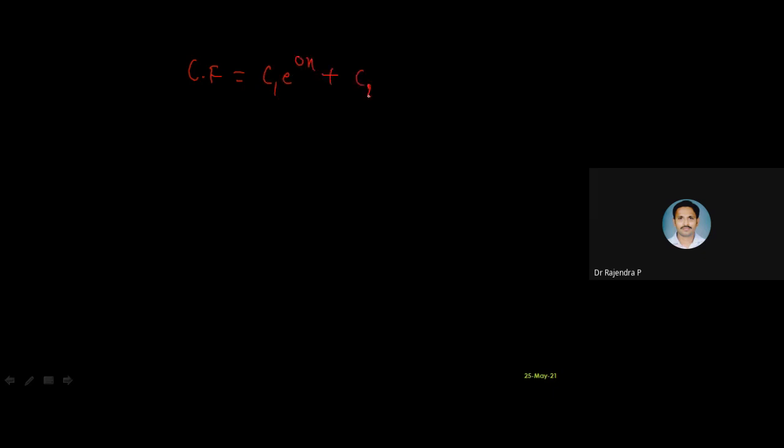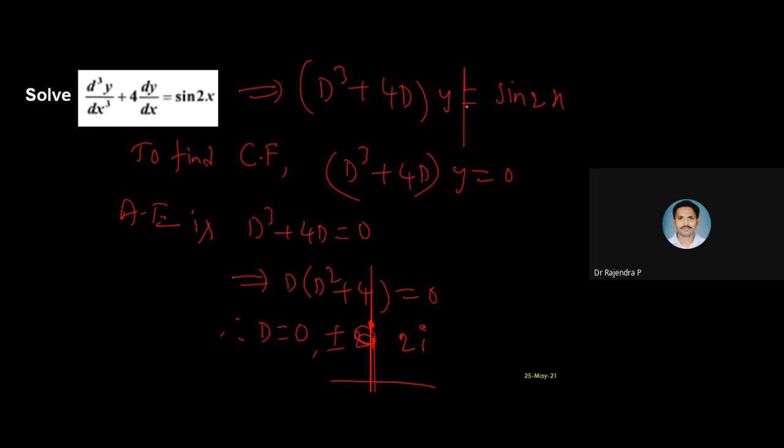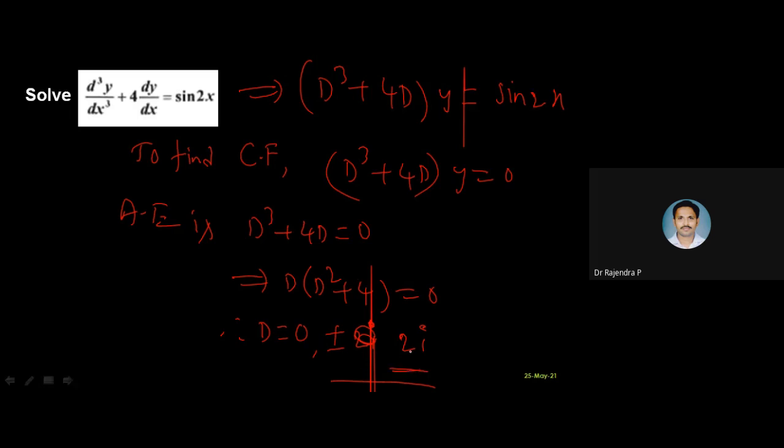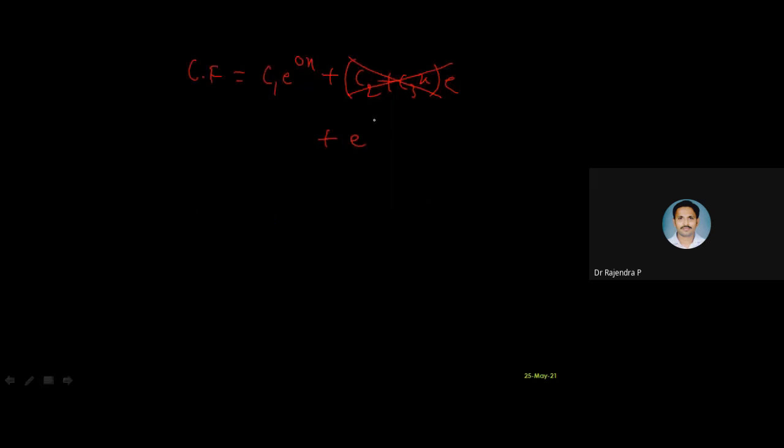Then for the complex roots: e power 0x bracket of c2 cos 2x plus c3 sin 2x. So this is your complementary function.